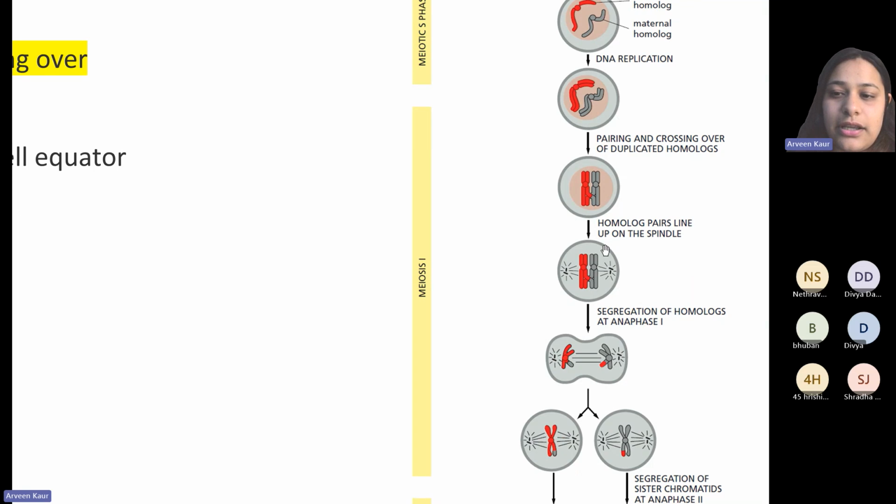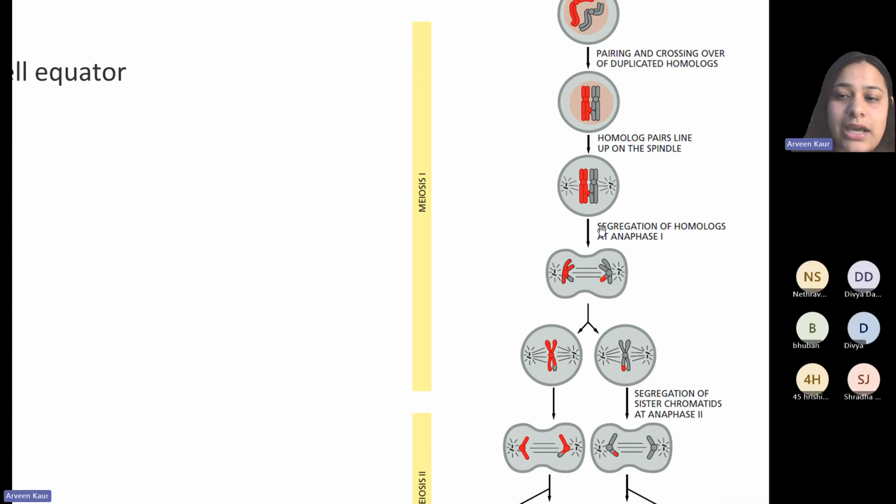After this pairing has occurred, the homolog pairs line up on the spindle, right? Like there was that metaphase plate in mitosis, there is a metaphase orientation of these homologs in the center in meiosis 1 also, the metaphase 1 of meiosis 1. Now, at anaphase 1 of meiosis 1, segregation of homologs occurs, right? So instead of sister chromatids separating, there is segregation of the entire chromosomes, right?